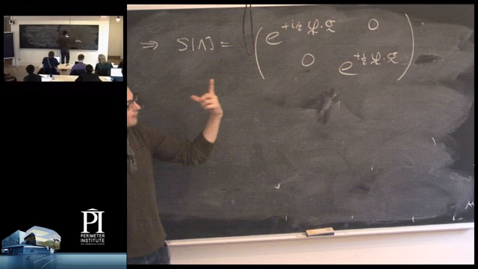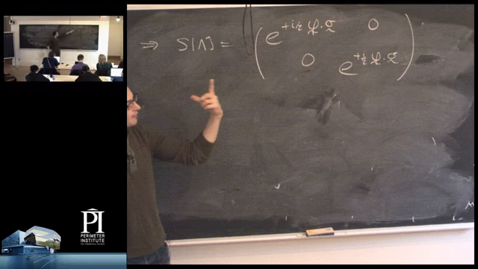So now we just plug it into this formula, and what we get is plus i over 2 is the following matrix. Okay.